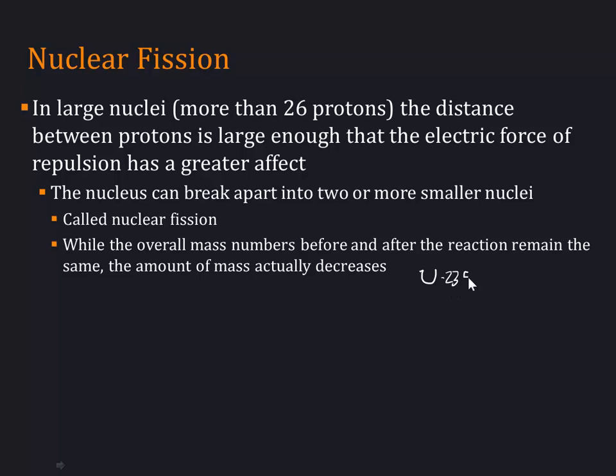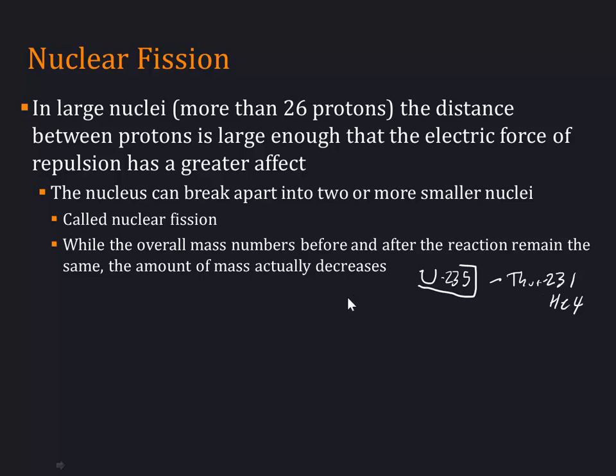When it breaks apart, I think it goes to thorium-231, and then you also get helium-4. Okay, that adds back up to 235 total nucleons, but the actual mass goes down. So one atom of uranium-235 is going to actually have more mass. It's going to weigh more than these two things together.